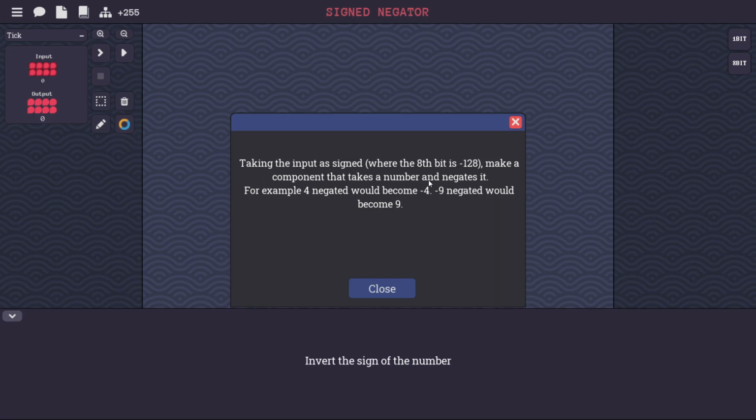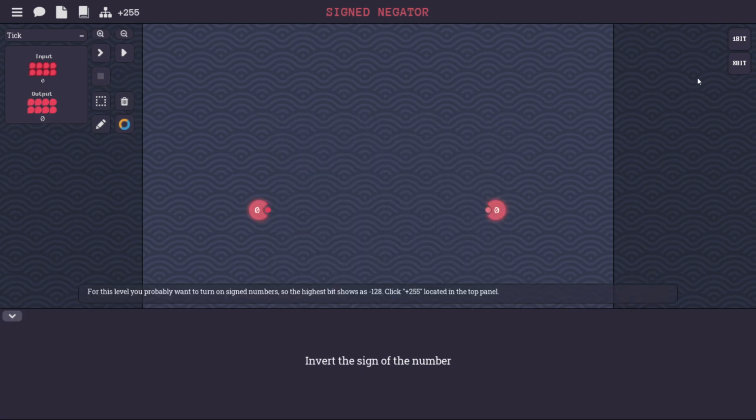Make a component that takes a number and negates it. And the way we negate it is essentially by just adding a 1 in the most significant bit, right?